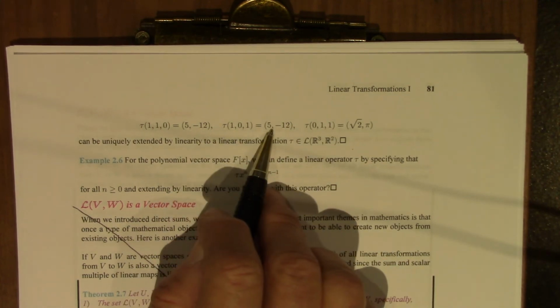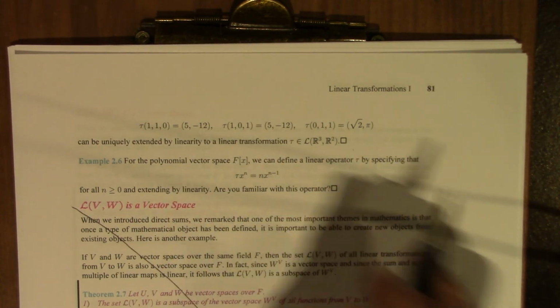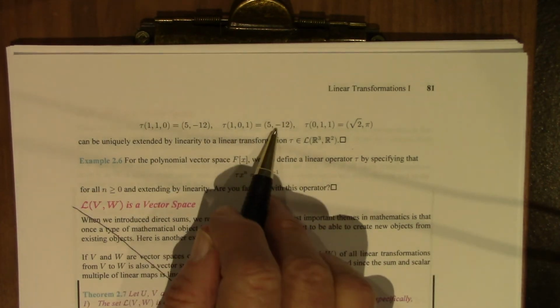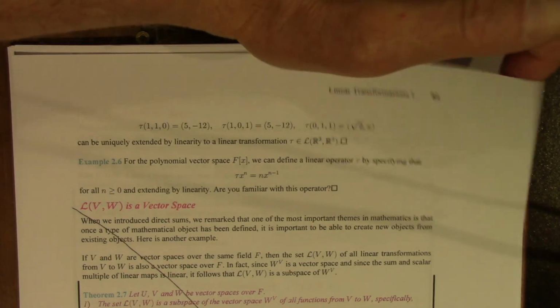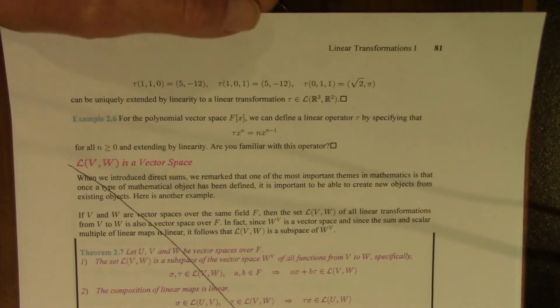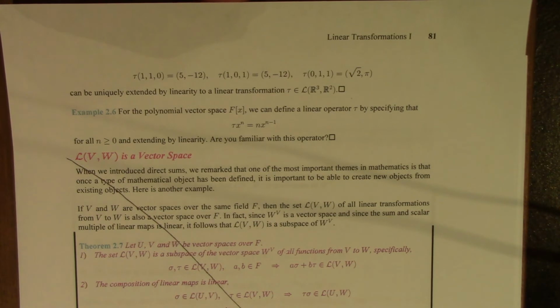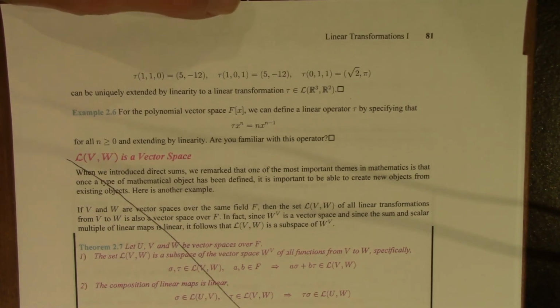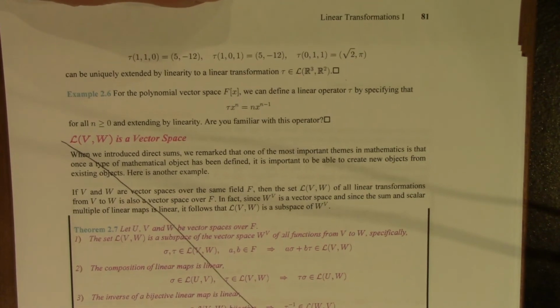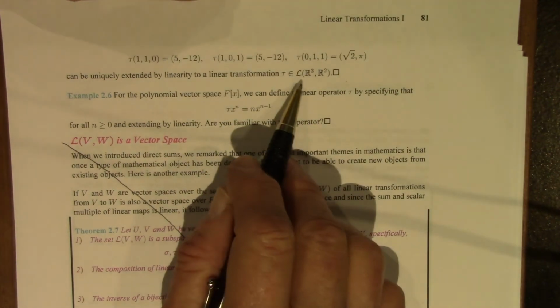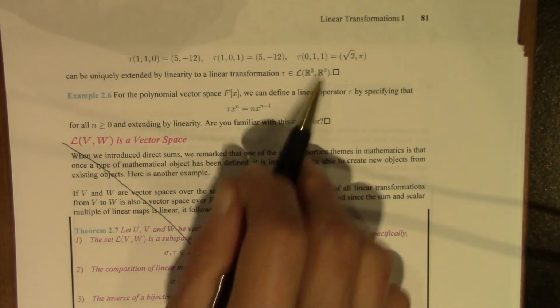These two are the same. This is different. It doesn't matter. As long as I put 3 vectors here that belong to R2, I have an assignment of vectors from W to each of the 3 basis vectors, and that can be extended by linearity to a linear transformation from R3 to R2.